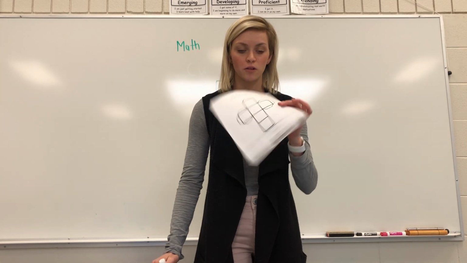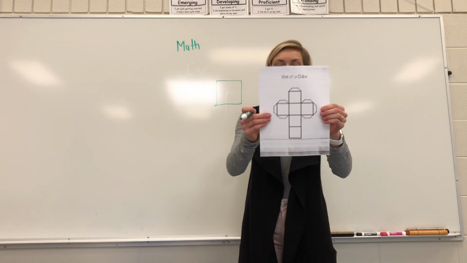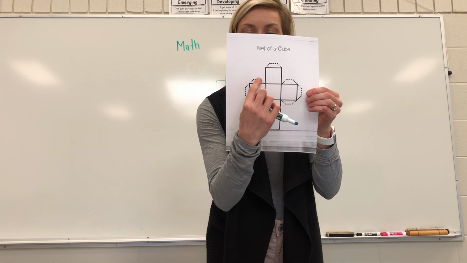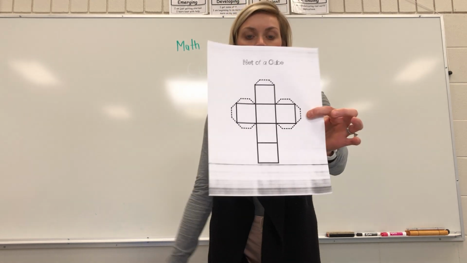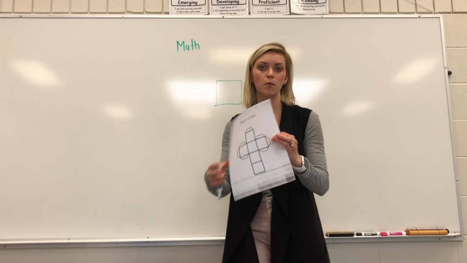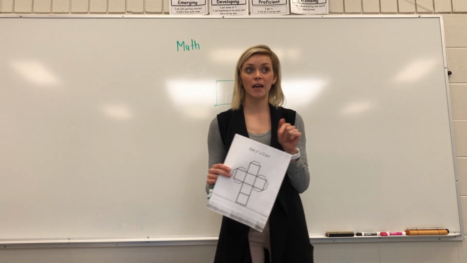Then you fold it up and you make your cube, and you put glue on the pieces that have the dotted lines. So glue here and here and here and here. And I want to make sure that you color your cube. I colored every side of my cube different so that when I was counting it, I would remember what side I have already counted by the color.